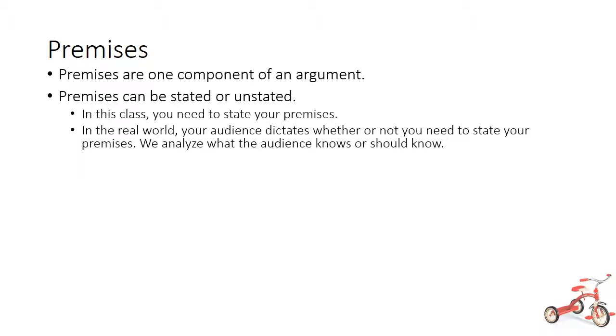Don't have to go crazy. You can make some assumptions, but you probably need to state your main premises, at least, in order to successfully convey your argument, right? So in this class, for your purposes, just know you need to state your premises. In the real world, you need to analyze your audience and decide what they do and don't know prior to hearing your argument, and that's how you decide which premises you're going to use.